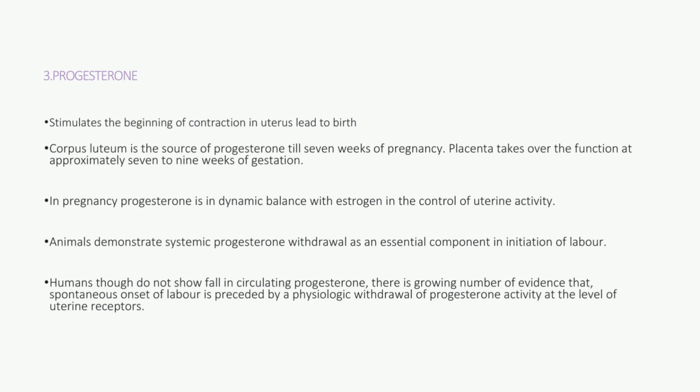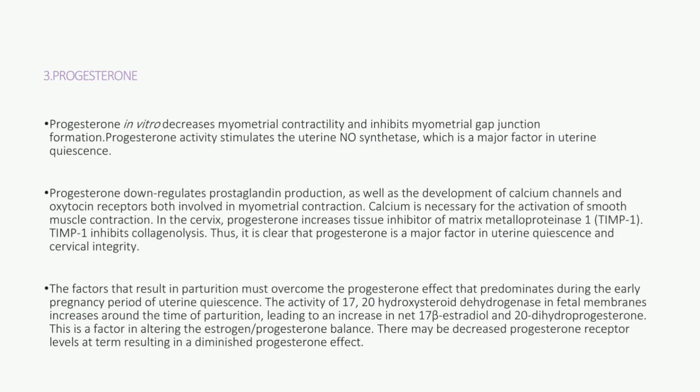There is a growing amount of evidence that spontaneous onset of labor is preceded by a physiologic withdrawal of progesterone activity at the level of uterine receptors. So, in vitro, progesterone decreases myometrial contractility and inhibits myometrial gap junction formation.